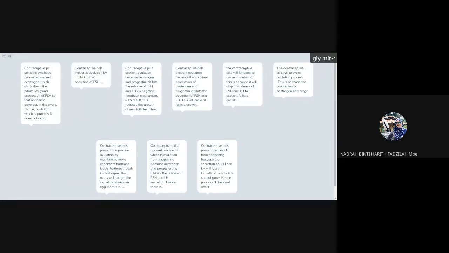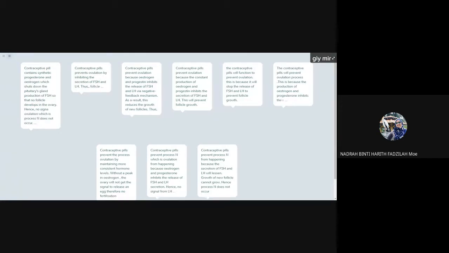So why not adjust sikit, kata hence no stimulation or no signal from LH to start proses N, for example. Kalau tak nak sebut proses N, bagi nama kepada proses N tu iaitu ovulation. Okay ya.